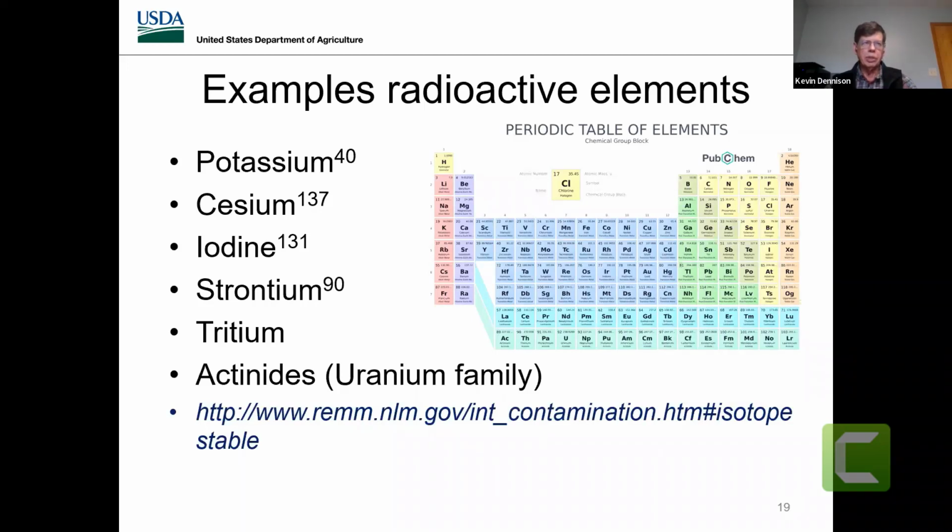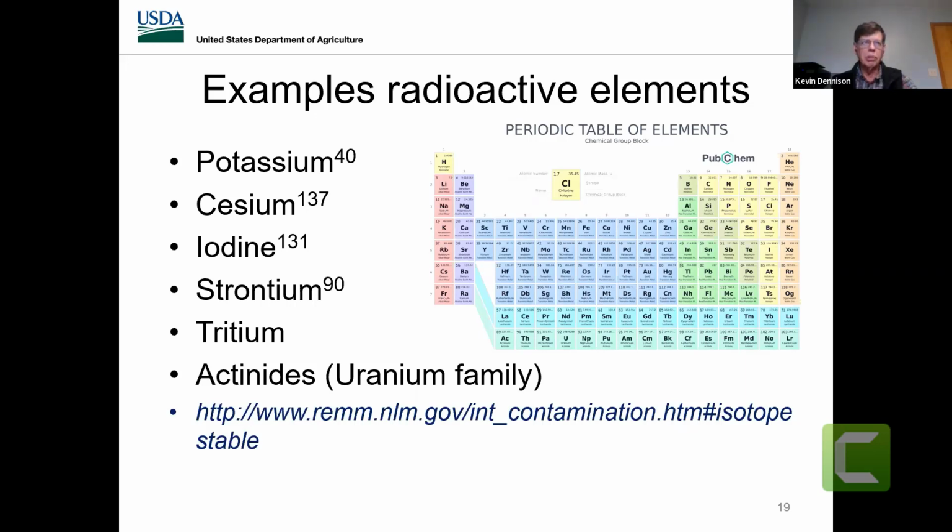And there's a really good website on radioactive isotopes in medicine, and it's almost all applicable equally to animals. This radiological emergency medical management site from the National Library of Medicine is a great program. You can get it for your phone, you can access it from your computer. It's just really a great reference.